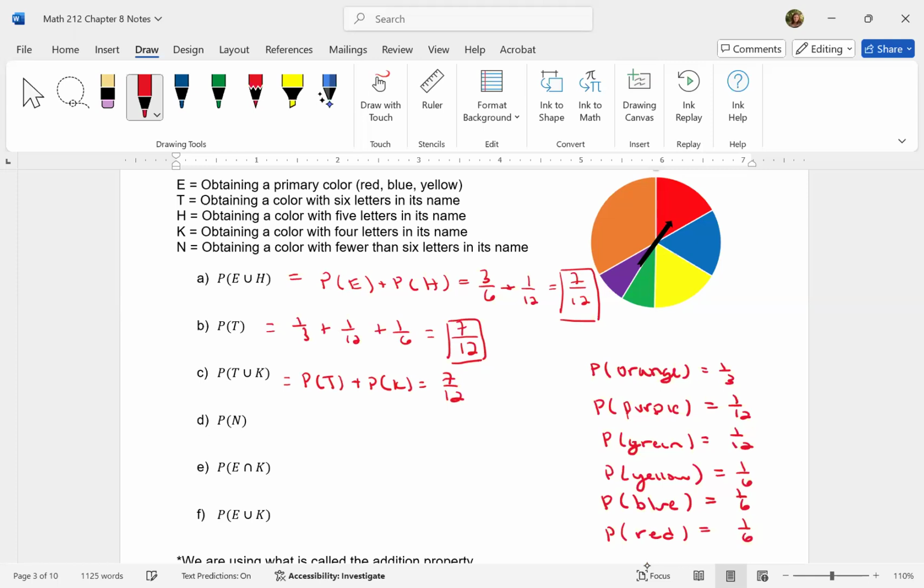Now K is 4 letters in the name, and only one of those qualifies. That's blue. So that's 1/6. When you add that together, 1/6 is 2/12, so that adds up to 9/12. And then 9/12 reduces to 3/4, which I'll write underneath since I'm running out of room.